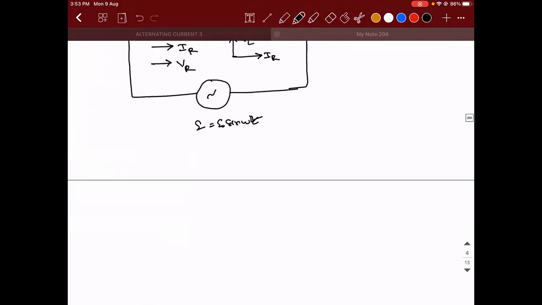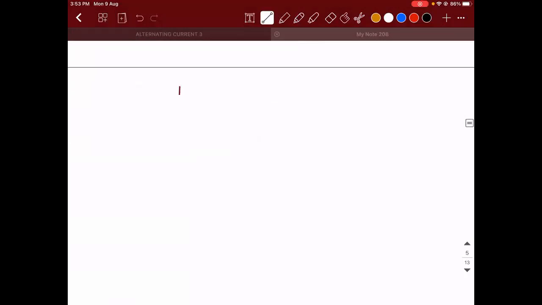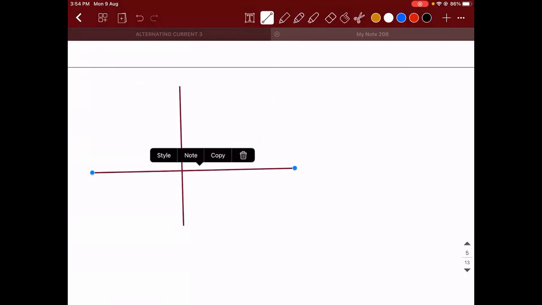Now when you draw the phasor diagram, if this is VR, then this will be VL, such that VR makes an angle omega t and VL makes an angle omega t plus pi by 2.